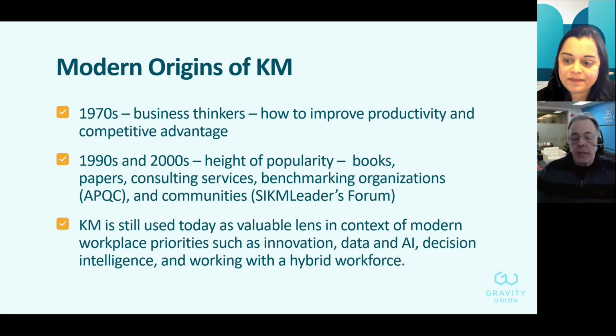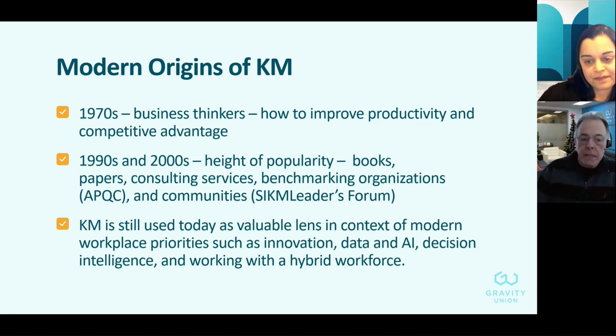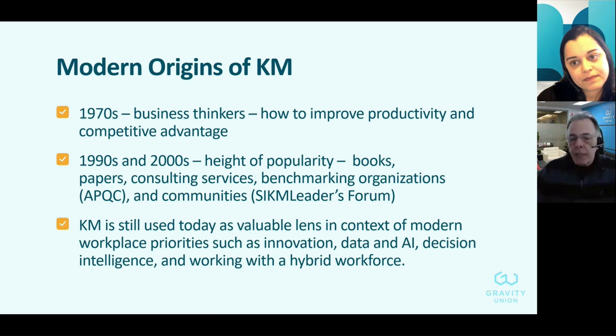But of course, this is rooted in an awful lot of really good thinking that happened in the 1990s and 2000s. Some amazing benchmarking organizations, communities, consulting services, and that even is predated by some really interesting business thinkers back in the 70s that were looking to leverage knowledge and information for competitive advantage, right? So there's a really interesting modern lineage for the knowledge management lens that we're going to be talking about today.